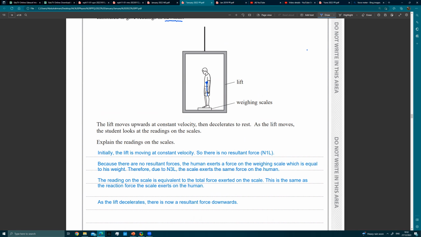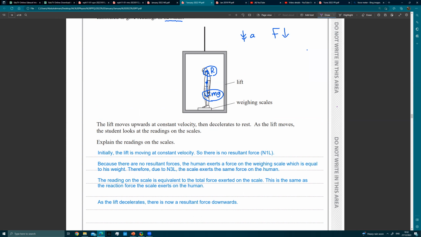You've got mg downwards, and you've got the reaction force upwards. But we know he's accelerating. Therefore, there is a resultant force downwards. It's only possible to have a resultant force downwards if this is larger than this, correct?